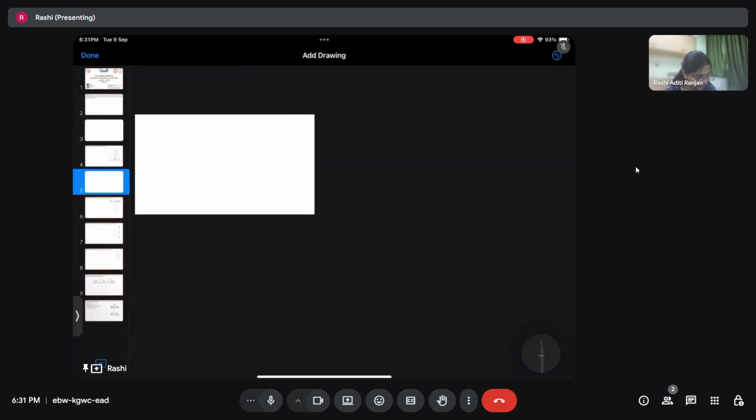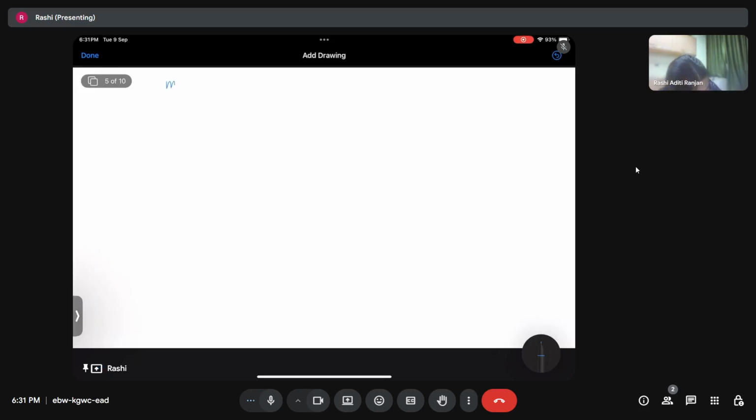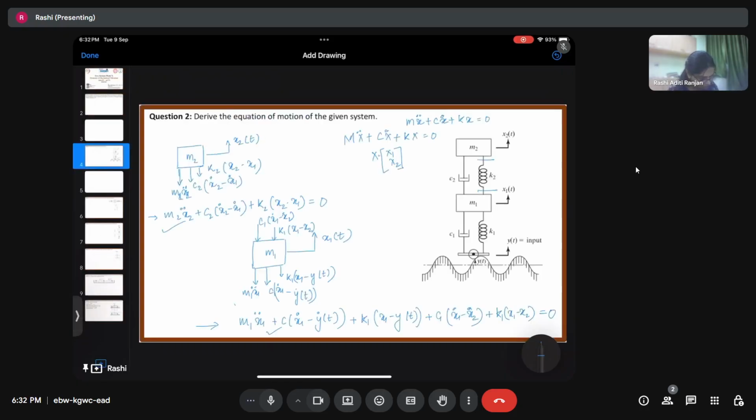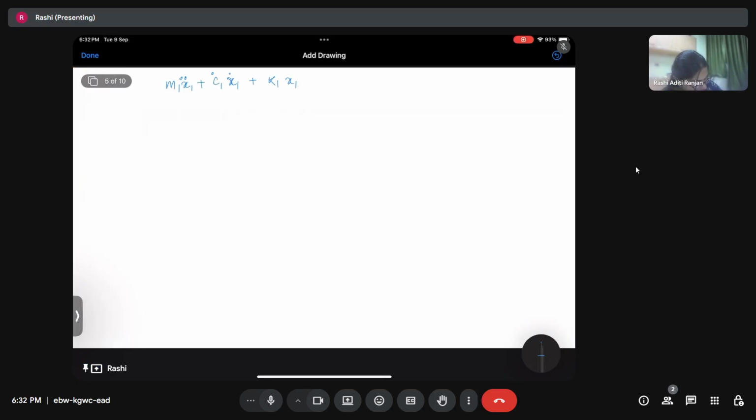So if I use m1 x1 double dot plus c1 into x1 dot plus k1 into x1 plus c2 (x1 dot minus x2 dot) plus k2 (x1 minus x2) is going to be equal to what?